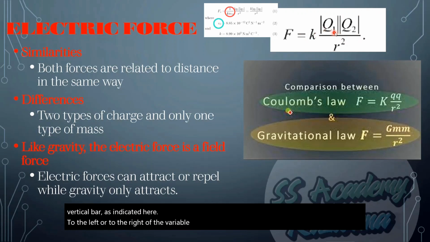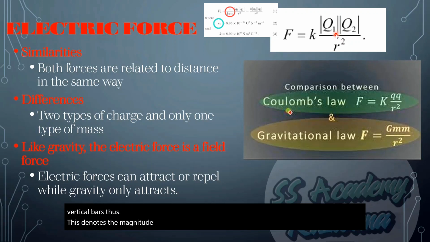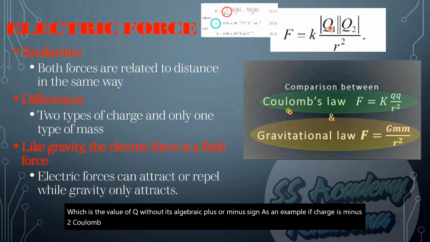As you can see here for Q1 and Q2, there are two vertical bars. Thus, this denotes the magnitude or absolute value of the variable Q, which is the value of Q without its algebraic plus or minus sign. As an example, if a charge is minus 2 coulomb, then putting a vertical bar around this symbol indicates the magnitude of this charge, that is only 2 coulomb.